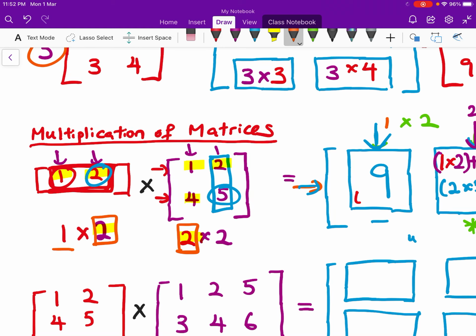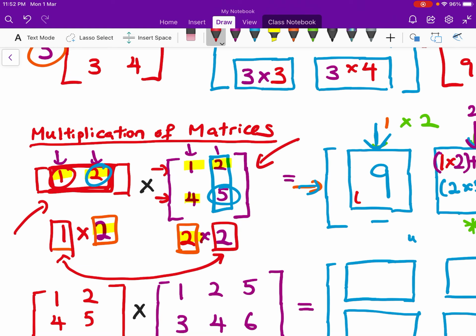So I see this number and this number: this is 1 by 2. So I know that my resulting matrix is 1 by 2, 1 column, 2 rows. Then I use the column times the row. Remember, your first matrix is always your column, and the second matrix is always your row.